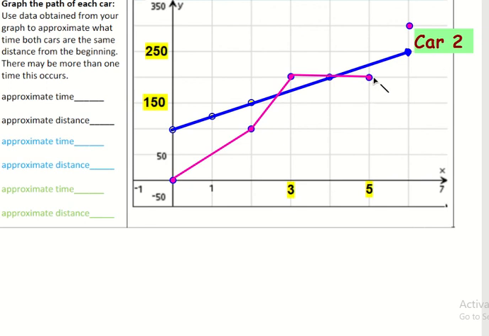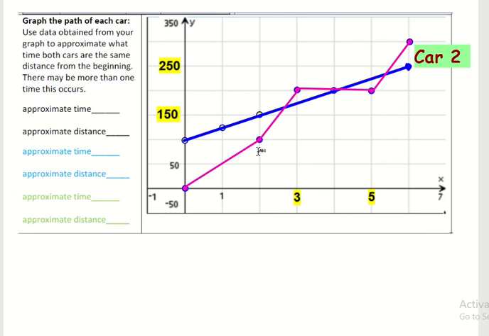The final leg, another 100 miles in that hour. So once we have our dots connected, this is, of course, car one. We can look at both graphs and answer the questions that go with it.